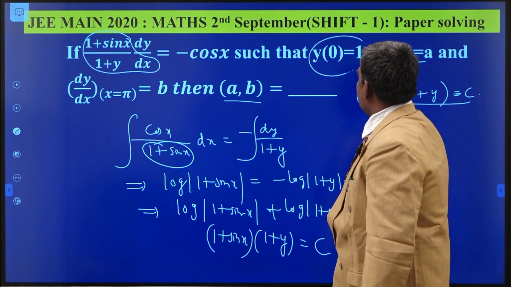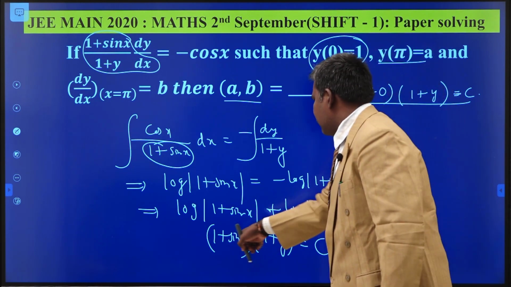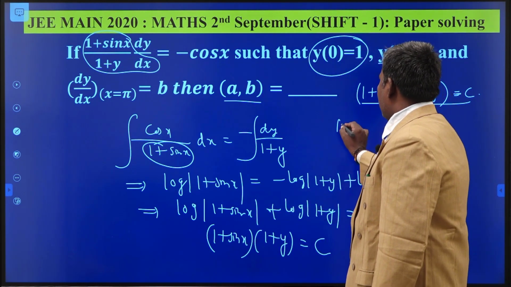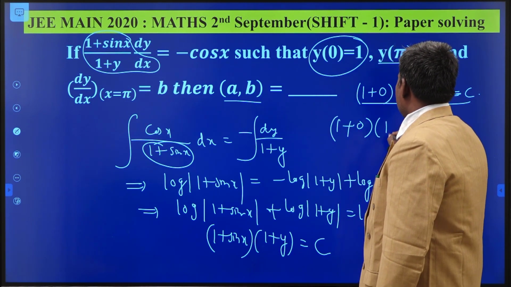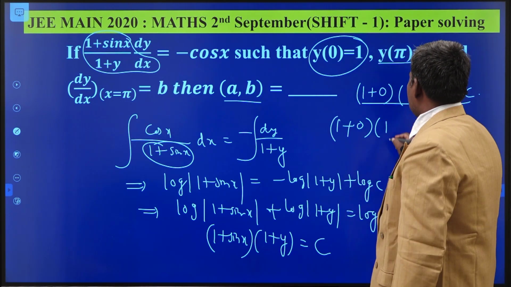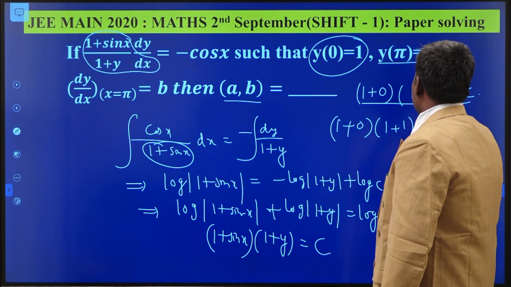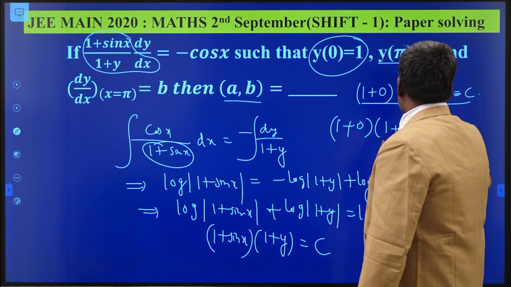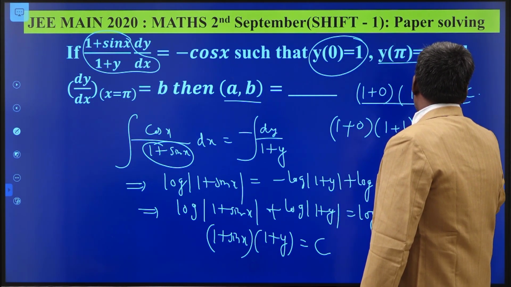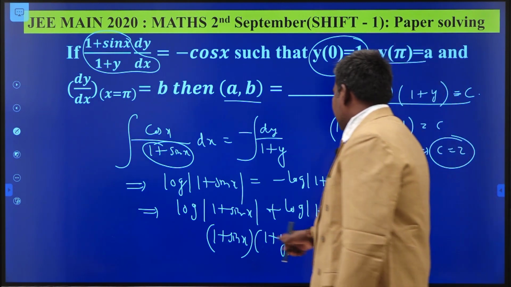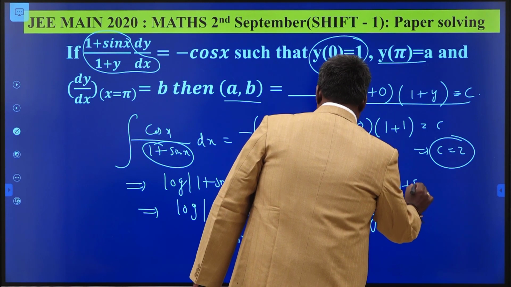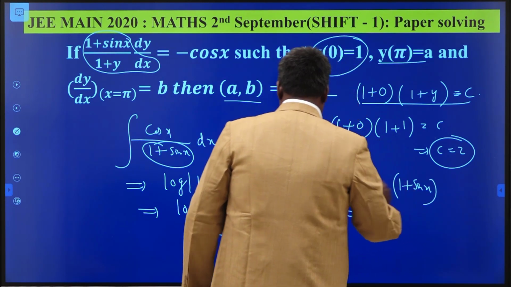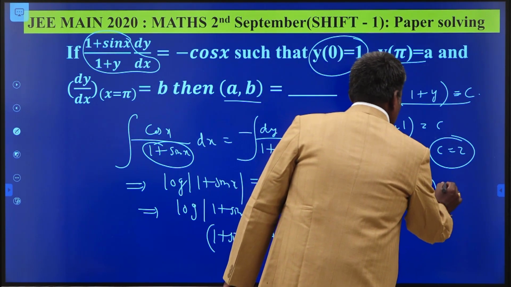Substitute first of all this one, y is equal to 1, put x is equal to 0: 1 plus sin 0, 0, 1 plus 0 times of 1 plus y, y is equal to 1 here, 1 plus 1 is equal to what? C. So the value of c is equal to 2. So when the value of c is equal to 2, substitute here: 1 plus sin x of 1 plus y is equal to 2.